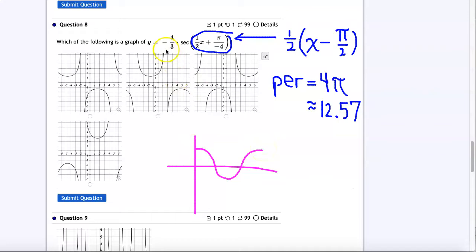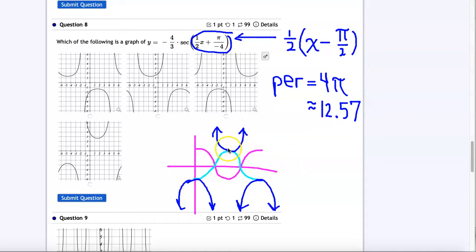But with the negative out in front, we're going to be looking for a cosine graph that is doing the reverse. If you have a cosine graph that's doing this vertical reflection, that means the secant graph you're looking for is going to be down low like this and up high like this, because it would piggyback off of all of the peaks and troughs of this turquoise function.